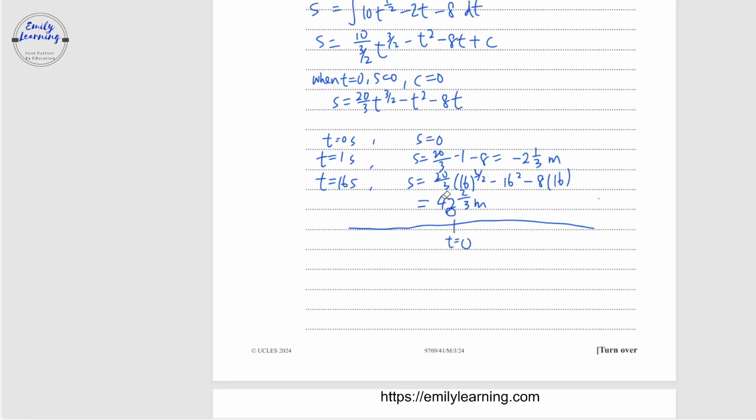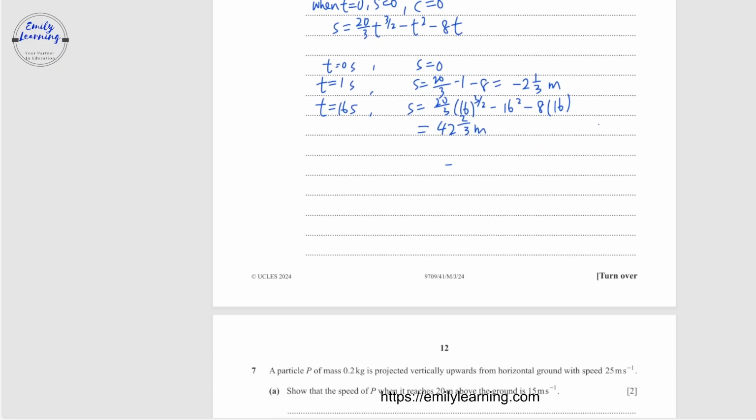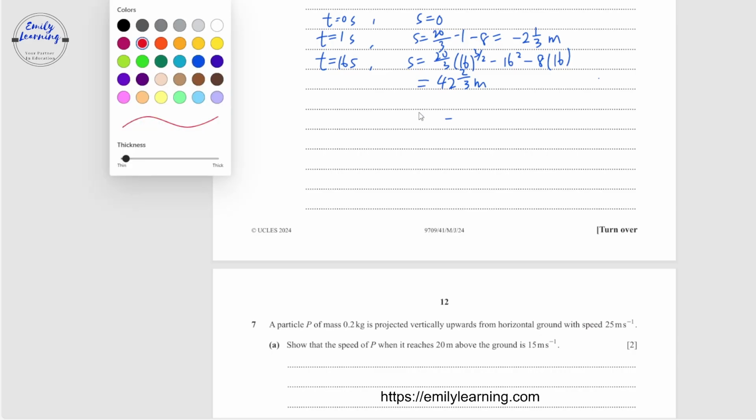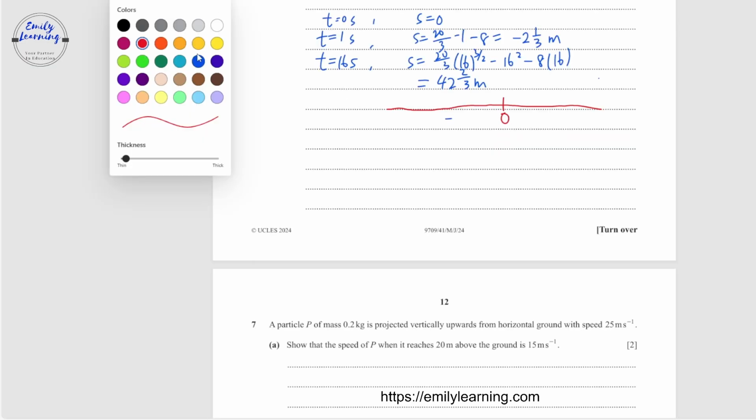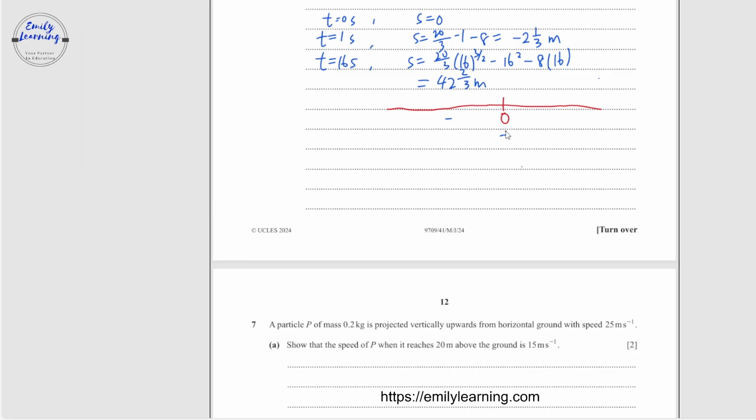Maybe let me sketch it with a different color. This is O. At t equals 0, the particle is here. Then at t equals 1 second, it is at negative 2 1/3 meters. Its displacement is negative 2 1/3 meters.